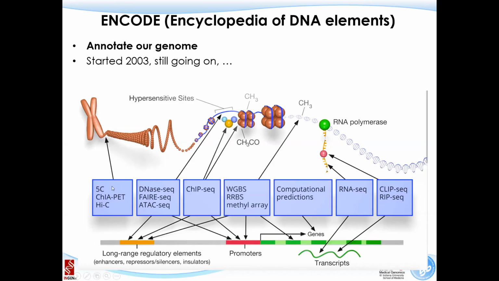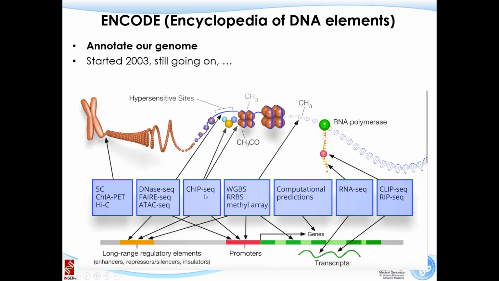These are the technologies they have taken, and actually it's an incomplete list. It includes 5C, ChIA-PET, and Hi-C, which are for chromosome conformation, which we'll talk about in later slides. Then DNase-seq, FAIRE-seq, and ATAC-seq. ATAC-seq is the major one now, but in the past it was DNase-seq and FAIRE-seq.